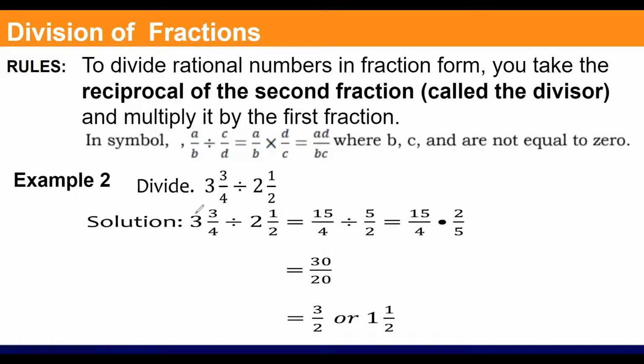I-change po natin sa improper. Paano po yon? I-multiply yung 4 at saka 3. Ito po, multiply. So, we have 3 times 4 is 12. And then, i-plus yung numerator. So, we have 15. Okay? And then, copy the denominator. So, we have 15 over 4.